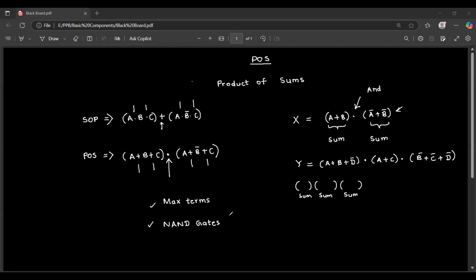As we studied in SOP, here also you have to keep one thing in mind: a single bar cannot be drawn or extended over more than one signal. Let's say Q is given as (A plus B) into (A plus B) whole thing bar. If it is given like this, this is not in POS form.